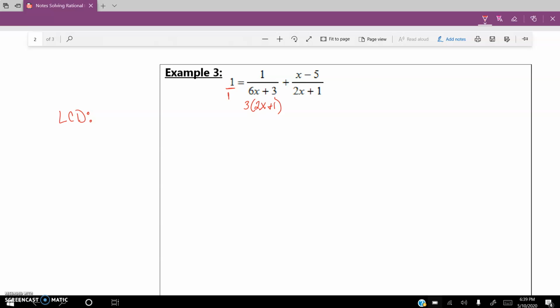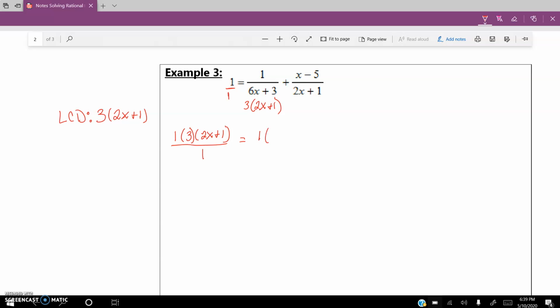So looking at all of this, I'm going to say my least common denominator is a 3 and a 2x plus 1. So we multiply each top by 3 times 2x plus 1. So 1 times 3 times 2x plus 1, all over 1.